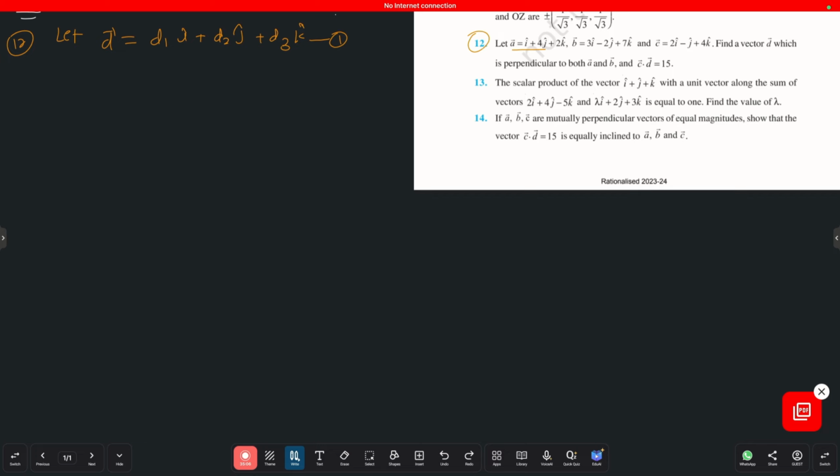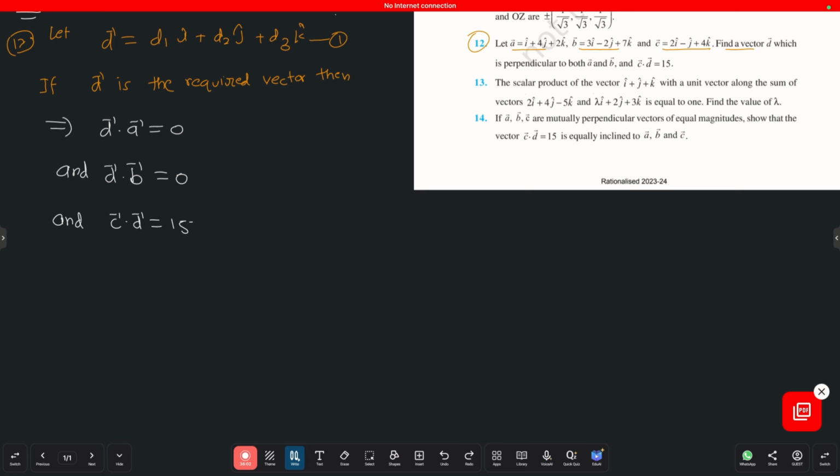If D vector is the required vector, then the first condition: it is perpendicular to A, which implies D vector dot A vector equals 0. It is perpendicular to B vector, so D vector dot B vector equals 0, and C vector dot D vector equals 15.